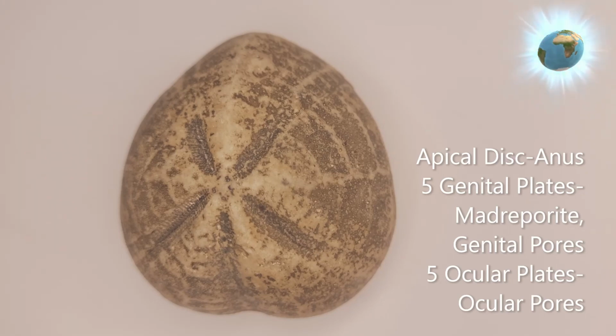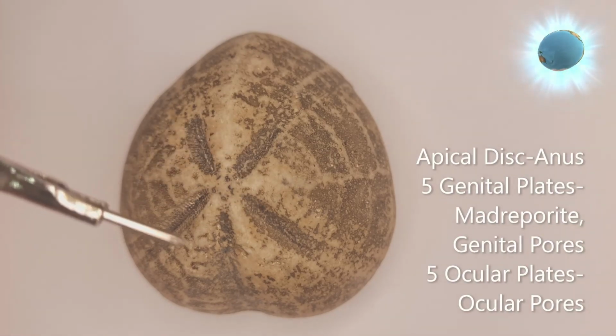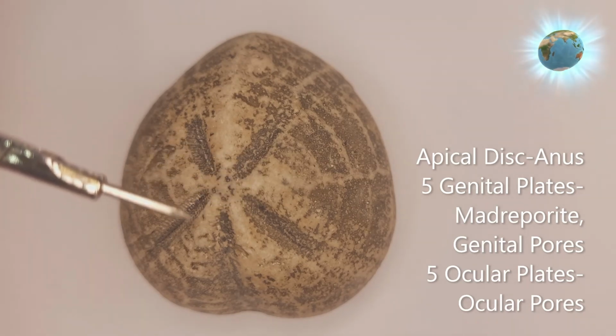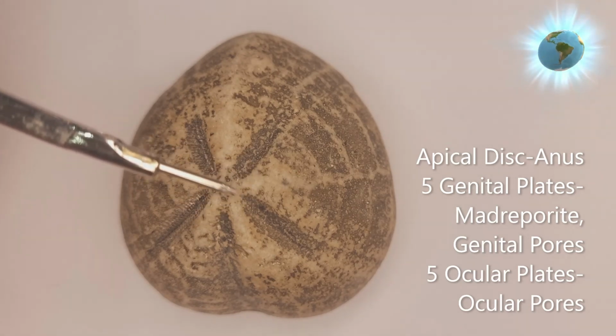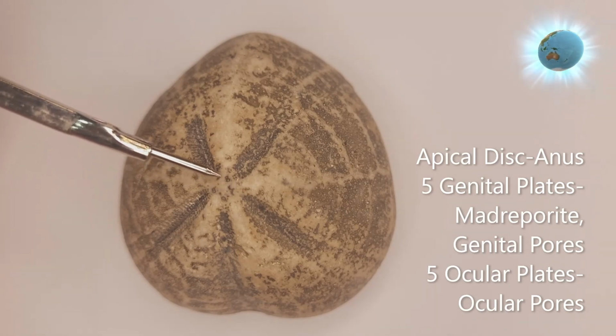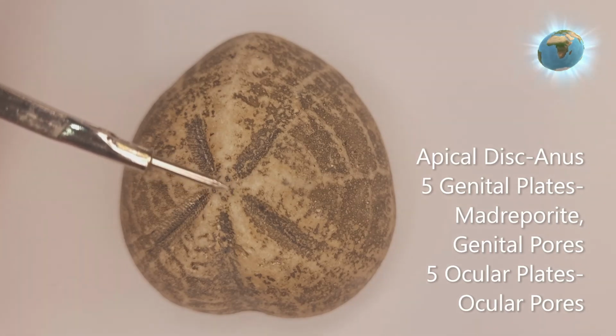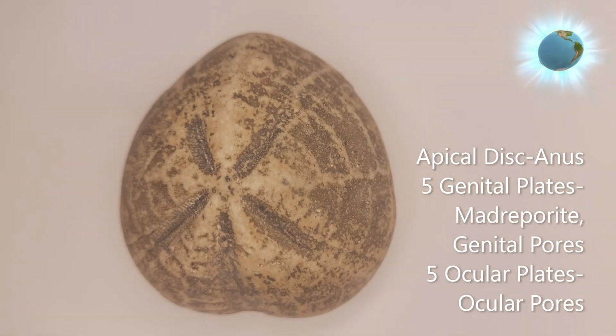Out of 5, one will have pores in it, which is why it is called madreporite. The remaining 4 genital plates do not have small pores. So madreporite stands different because of the presence of many minute micropores in it.